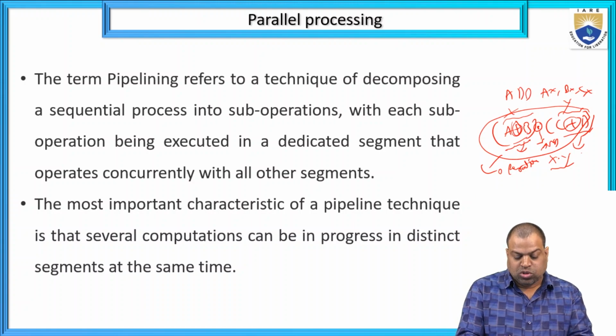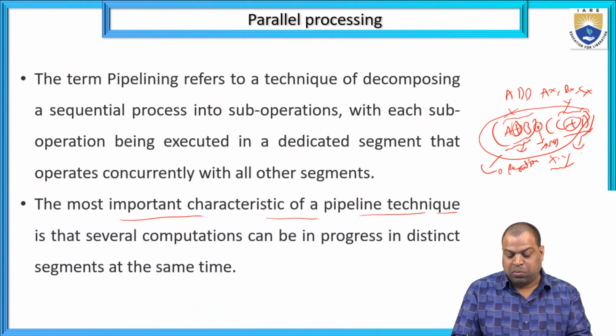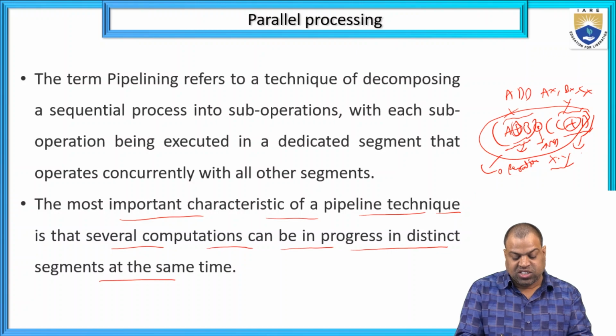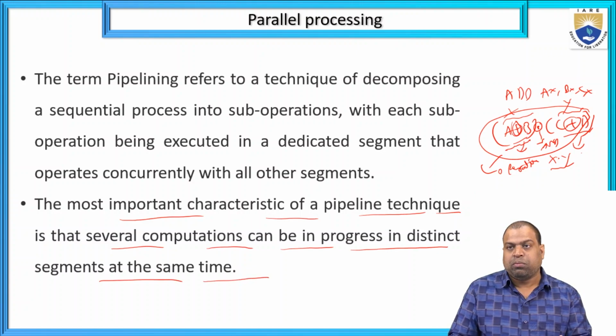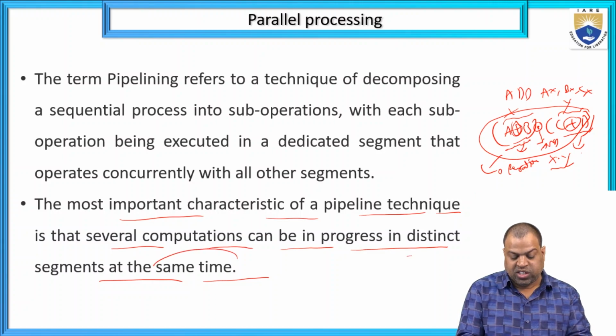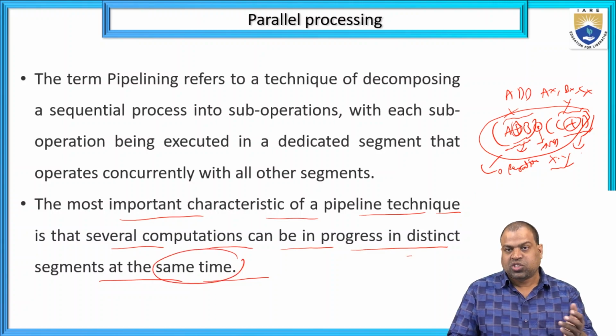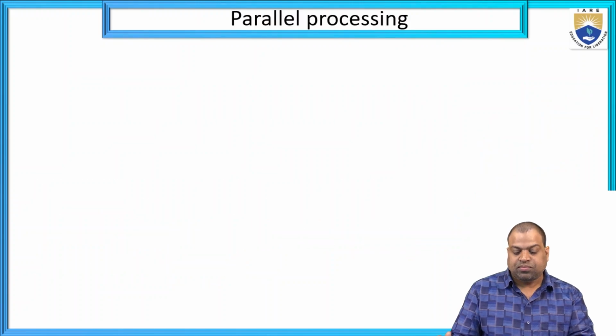So the most important characteristic of a pipeline technique is that several computations can be progressed in distinct segments at the same time. If I go for parallel processing, at a time two sub-operations are performed, so it progresses in distinct segments at the same time.